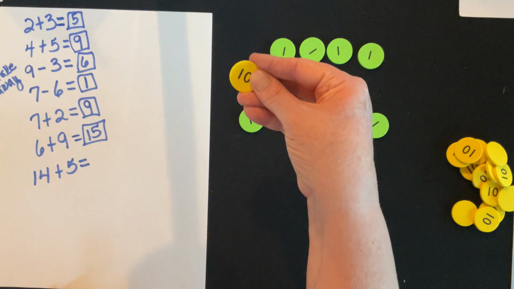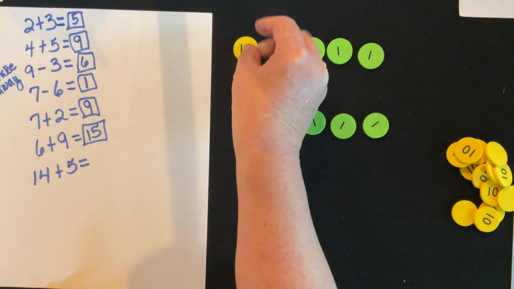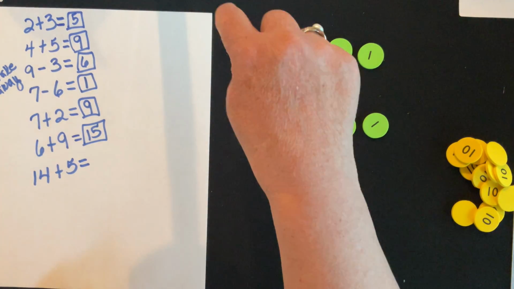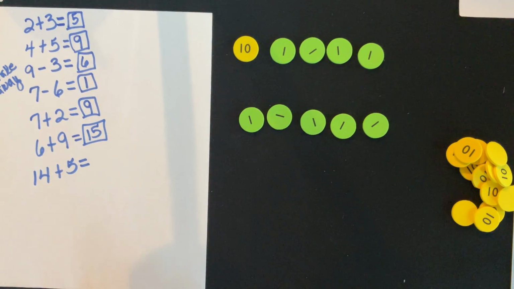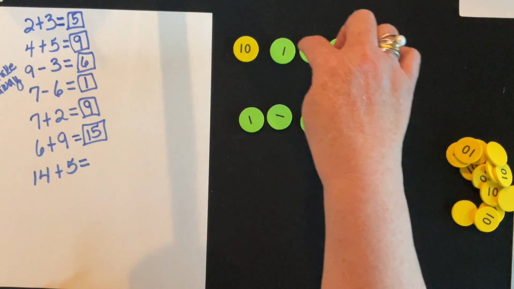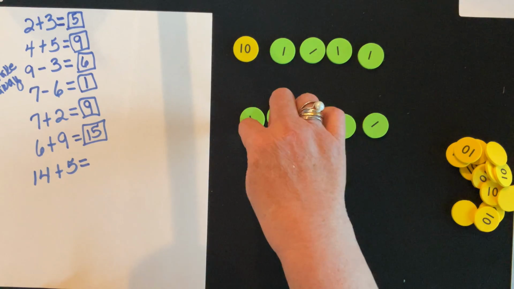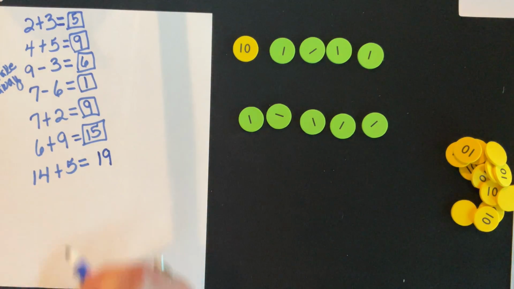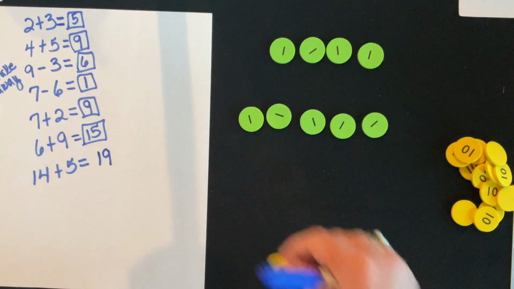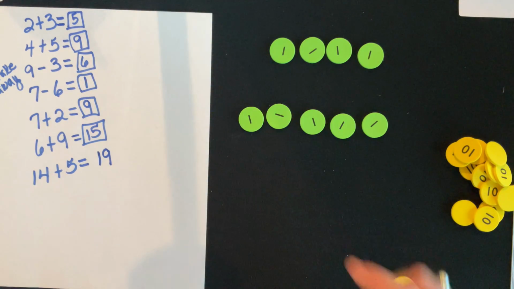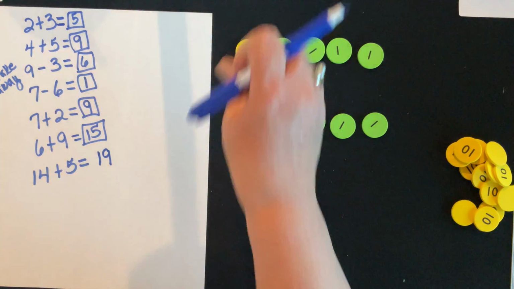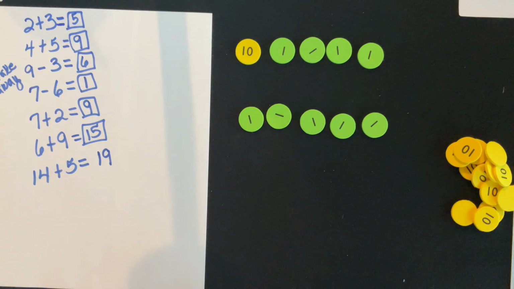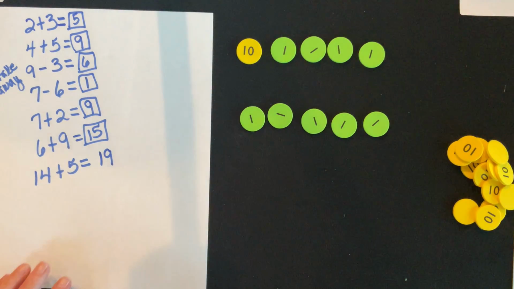So this represents one bundle of 10 ones. So we can say 10 instead of saying 1. 10, 11, 12, 13, 14, 15, 16, 17, 18, 19. Now, of course, if they didn't use this, they would have used 10 ones. And that's just going to reinforce that 10 ones is the same thing as one 10.